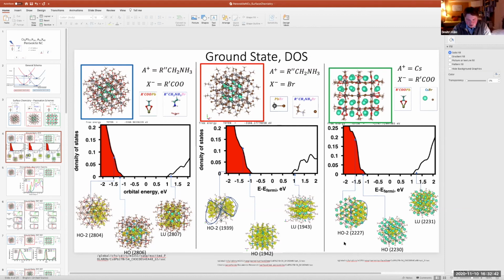What about LUMO +1 and LUMO +2 for the middle case, for the methylammonium bromine ligands? So LUMO +1 will look the same as this one, because each band is twice degenerate, so you have the same orbitals.